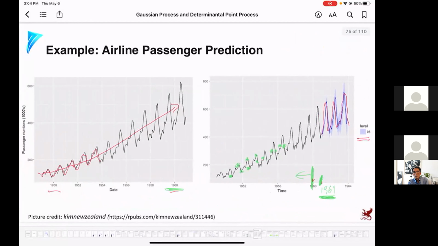Why is it a single data point? Here we treat all the timestamps, starting from the 1950s, as the X, that's X1 up to XD.